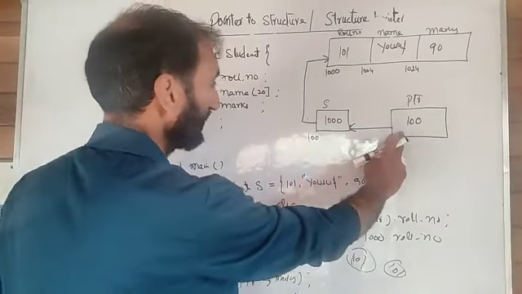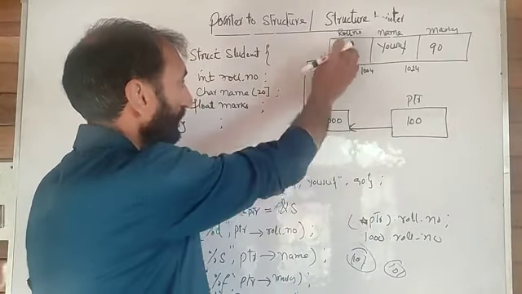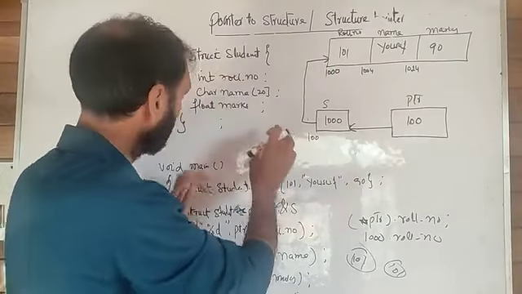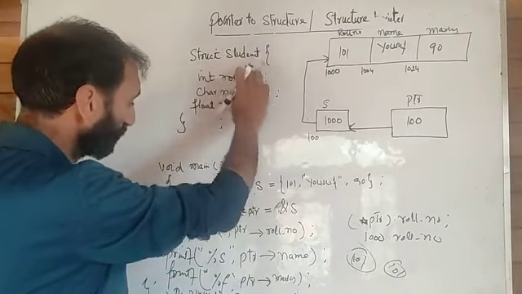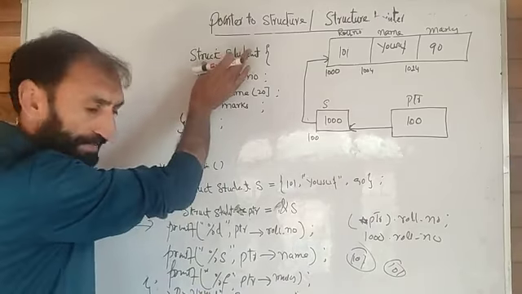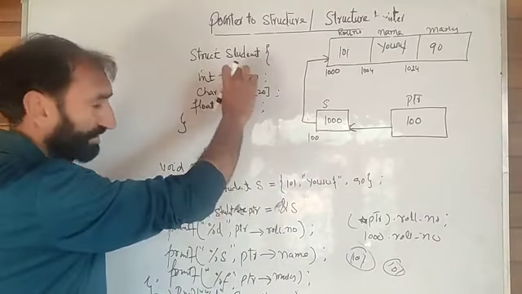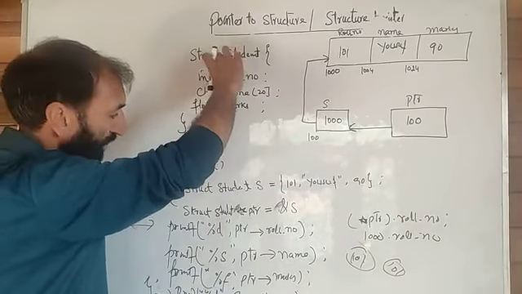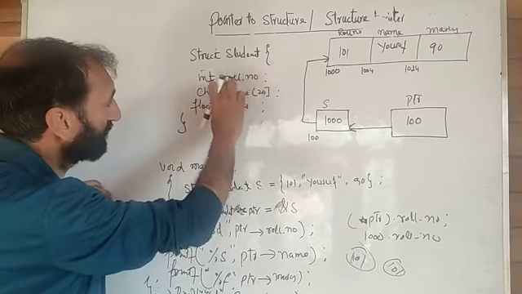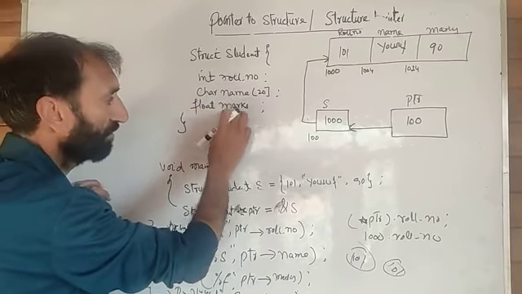Here, this pointer contains the address of a variable of type struct student. This whole structure student is a user defined data type. And s, which I have declared here, is a variable of this type, or an object of this structure student, and this structure student contains three members: roll number, name, and float marks.